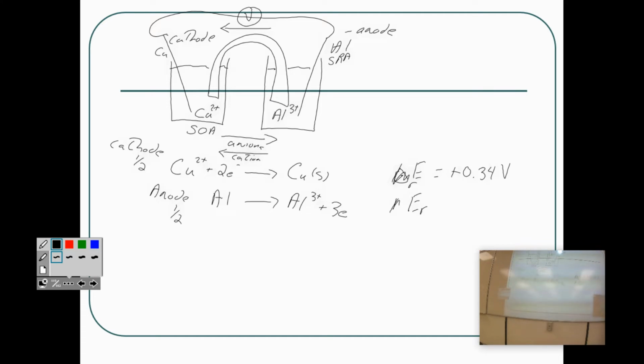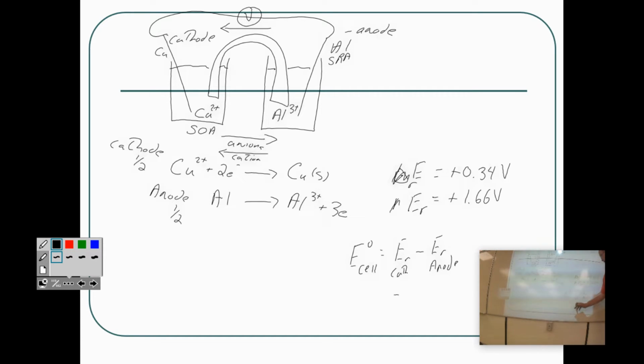The reduction potential is negative 1.66, but since I flipped it, it's positive 1.66. This is where I get the cell potential is equal to the half cell reduction potential of the cathode minus the reduction potential of the anode. So we're going to get the same answer if I do it with my equation or you do it here.